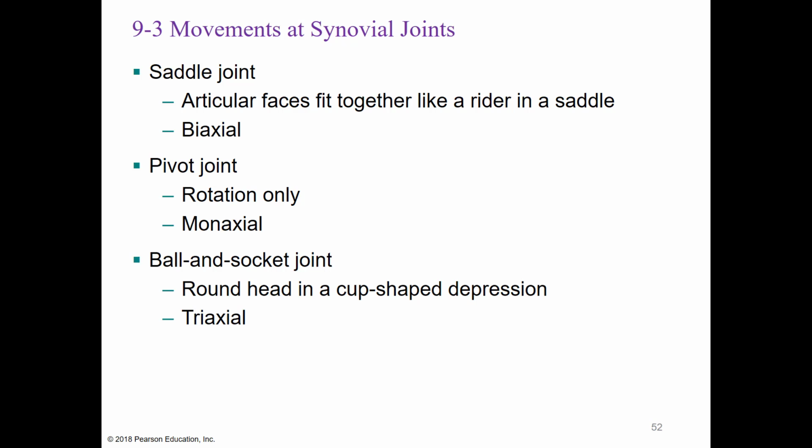Saddle joint is where one bone sits on another like a person would sit on a saddle. These are typically biaxial. Pivot joint rotates only and is monaxial. And a ball and socket is where we have one bone with a round head in a cup-shaped socket or depression. These are triaxial.